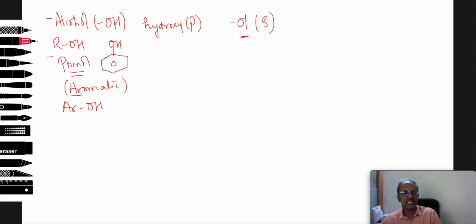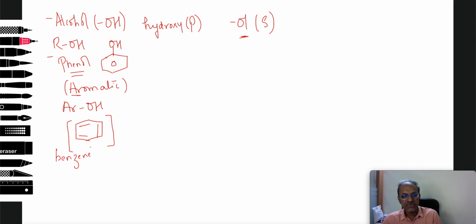But at this juncture you just see any six-membered cyclic ring. As I told you in the previous lecture, double bond, single bond, another double bond, another single bond, another double bond. Such type of compound is benzene.